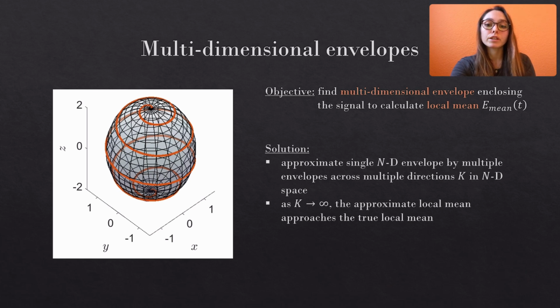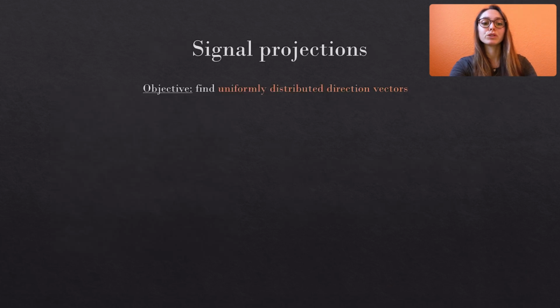Therefore, it is important to have a uniform distribution of the individual envelopes. If they are not uniformly distributed, their mean might not reflect the actual mean envelope we want to approximate. And this is where the projections come into play. We use uniformly distributed direction vectors that guide us to evenly distributed enclosing envelopes.